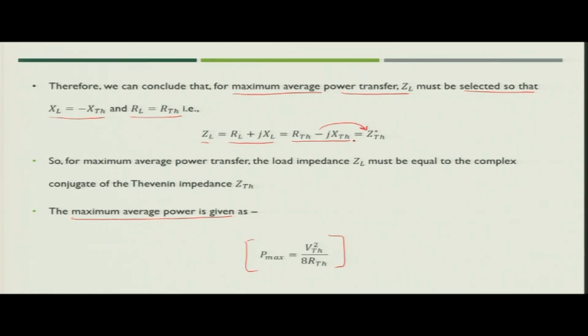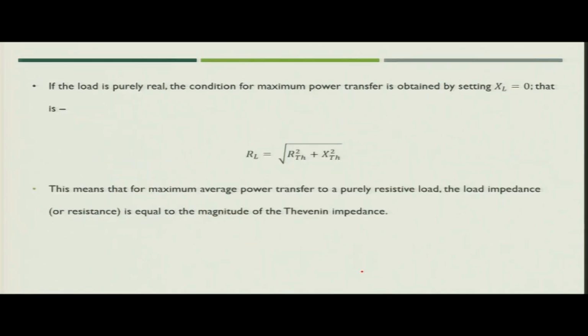If you compare with the DC circuit, this is slightly different because of the introduction of a reactive component in the impedance. Now, in case of AC, if your load is purely real, what would be the condition?